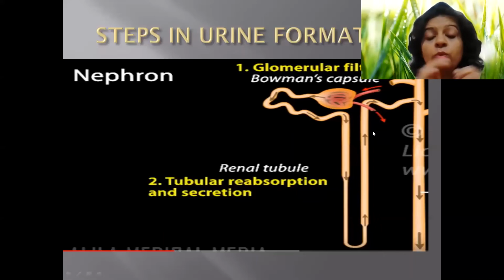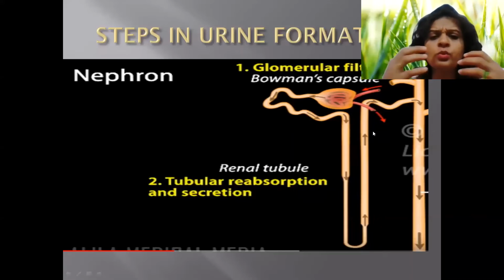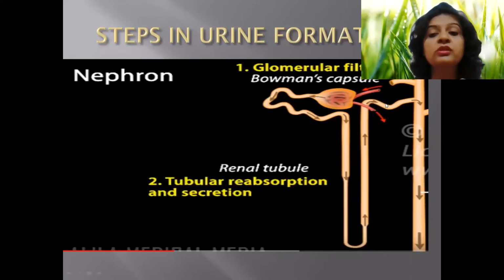The body does not want extra ions to be present in the body. So the blood, carried by the arteries going to the nephron, wants this to be expelled, and this expelling out is done by this particular DCT.